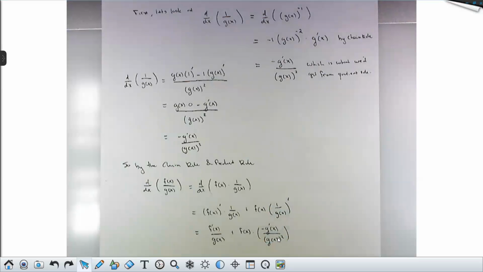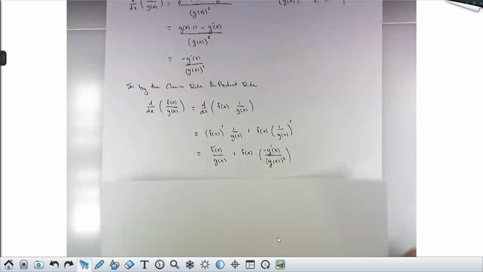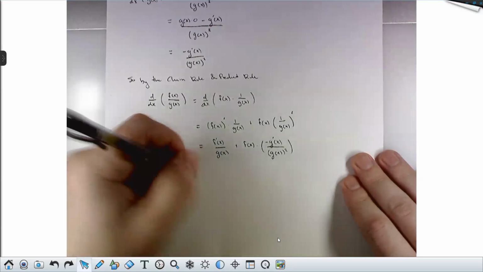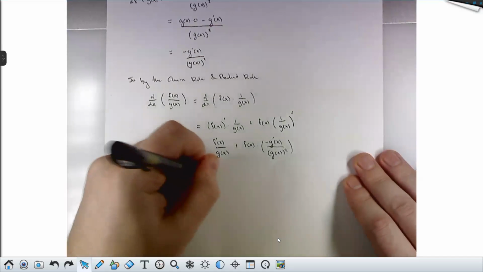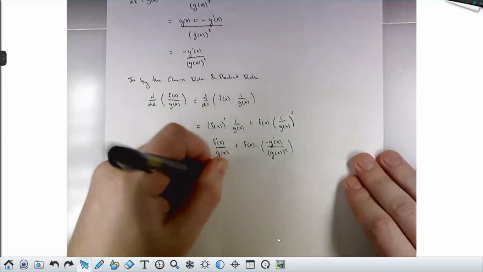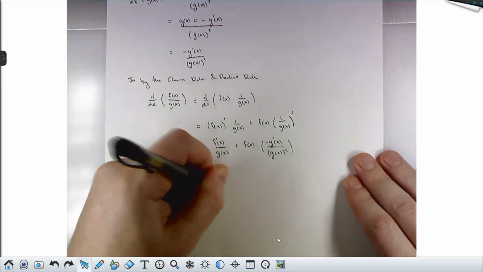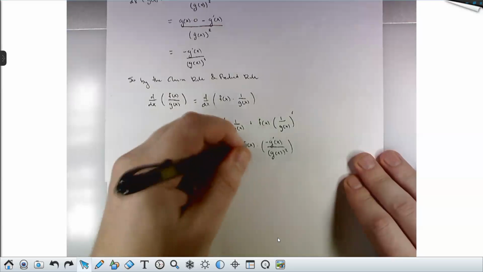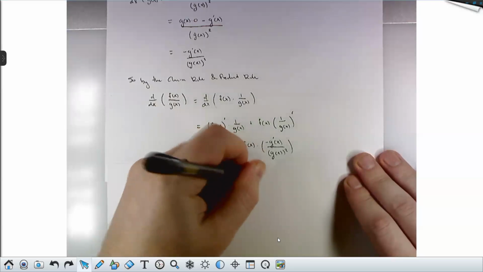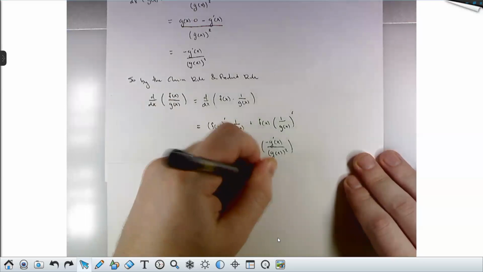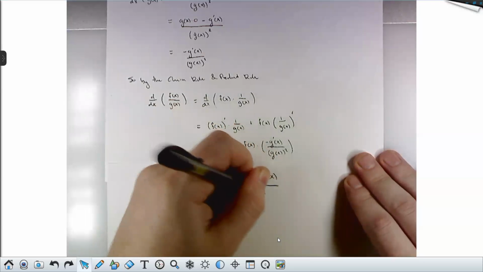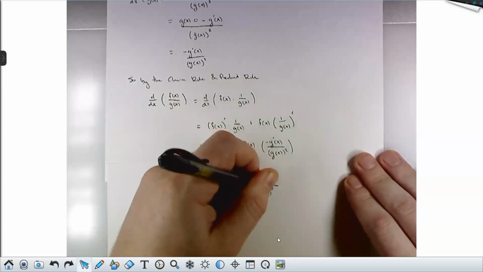What do these look like? Let's write them both as single fractions. This is f prime over g, minus, I'll bring it out front, f times g prime over g of x all squared.